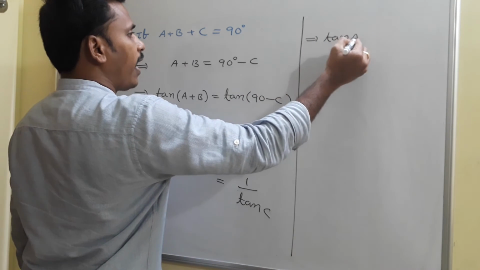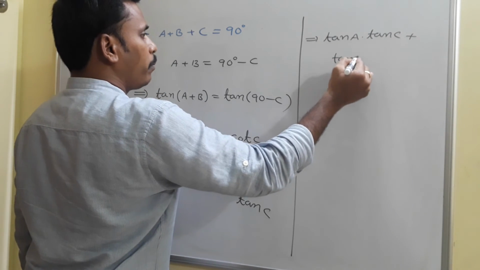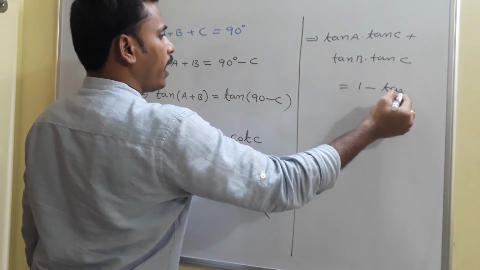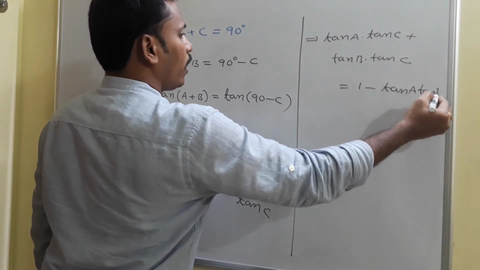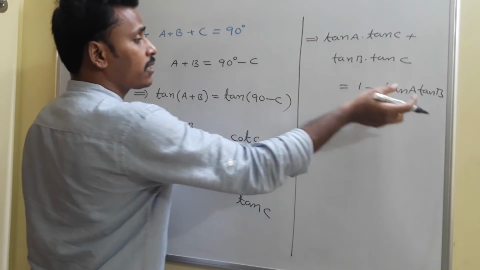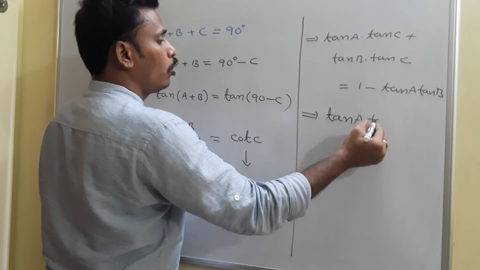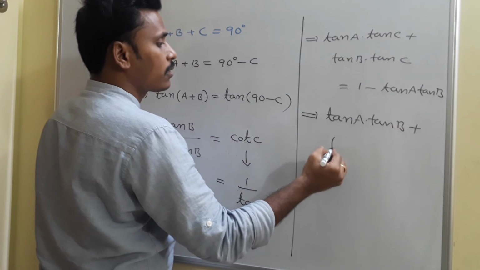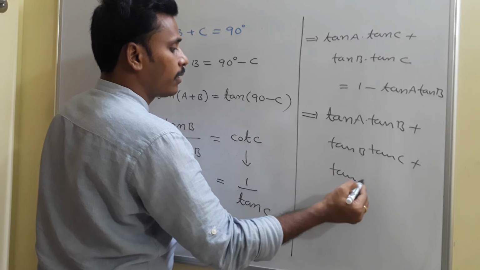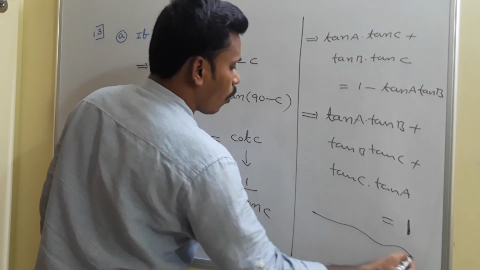So we have tan a into tan c plus tan b into tan c is equal to 1 minus tan a into tan b. And now at the end you just send this minus tan a tan b again to this side. So you will get tan a into tan b plus tan b into tan c plus tan c into tan a is equal to how much? 1.